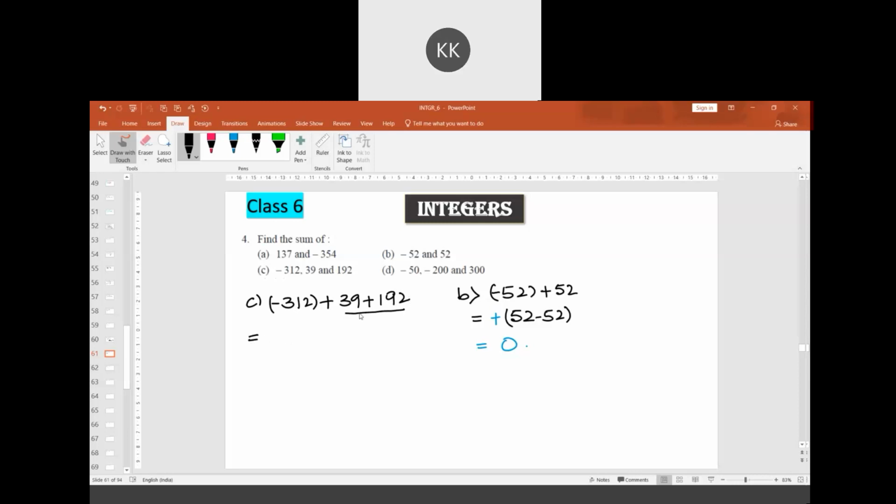In this case, 39 added to 192. What is that? 231. This should be added then to the minus 312.